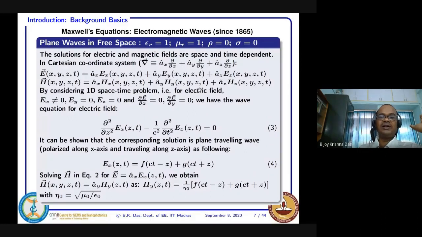Earlier I said that this del is a vector. I just represented here its unit vectors ax, ay, az along the 3 Cartesian coordinates. And then the electric field, you consider that is actually a kind of vector, right? This is the electric field.